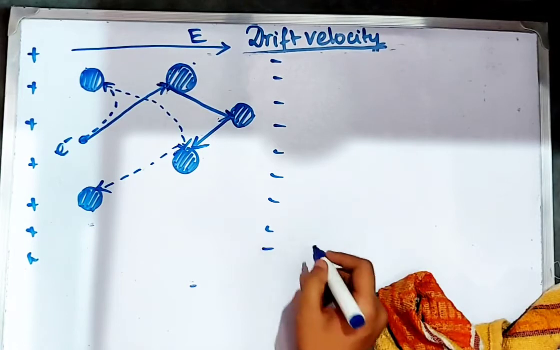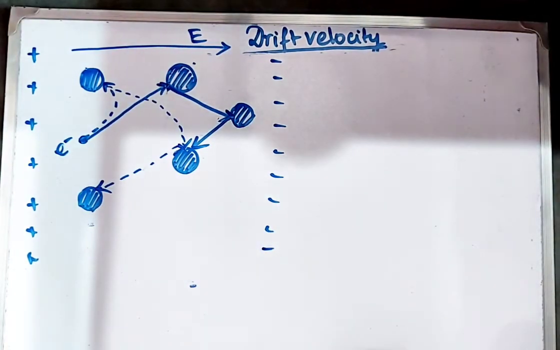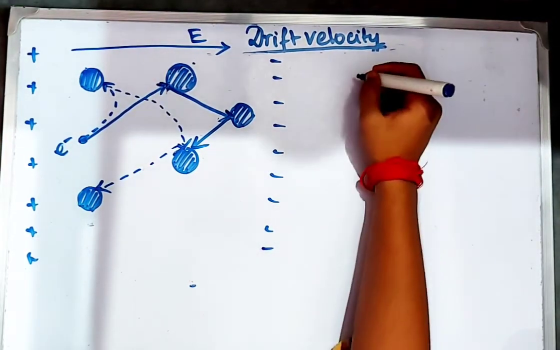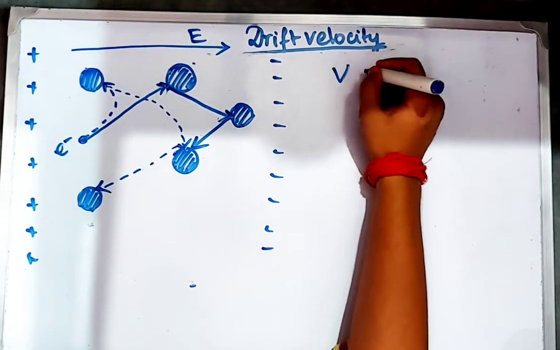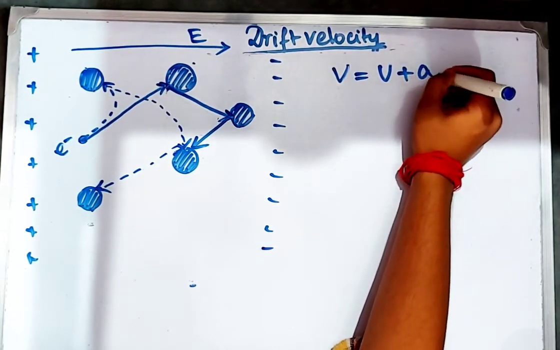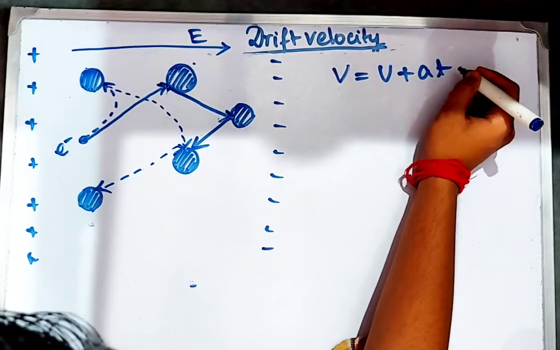So in our kinematics, what we studied in our 10+2, the final velocity is actually the initial velocity plus acceleration into time.